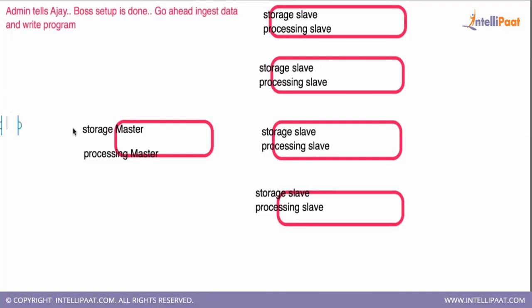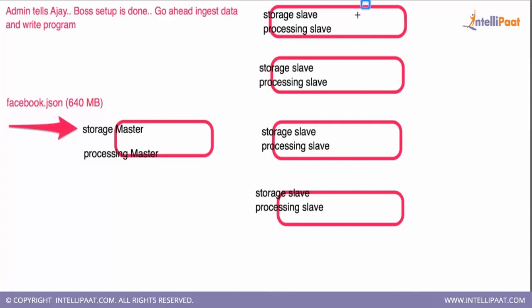So the developer takes data, let's say facebook.json, and let's just say the file is 640 MB. When it writes to the storage master, the file is broken into blocks of 128 MB.